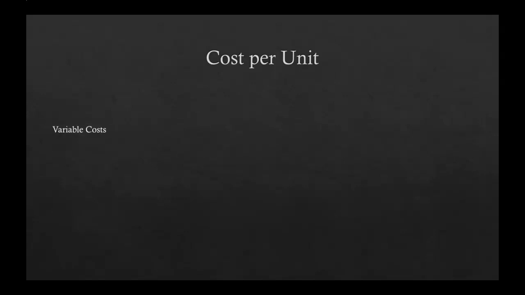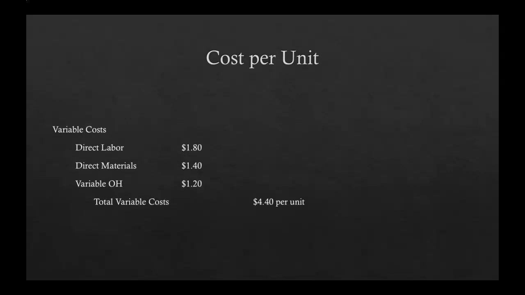But let's talk about our variable cost right now. We were told that each unit will have direct labor, direct materials, and variable overhead: $1.80 for direct labor, $1.40 for direct materials, and $1.20 for variable overhead. So each unit is going to have variable costs of $4.40.